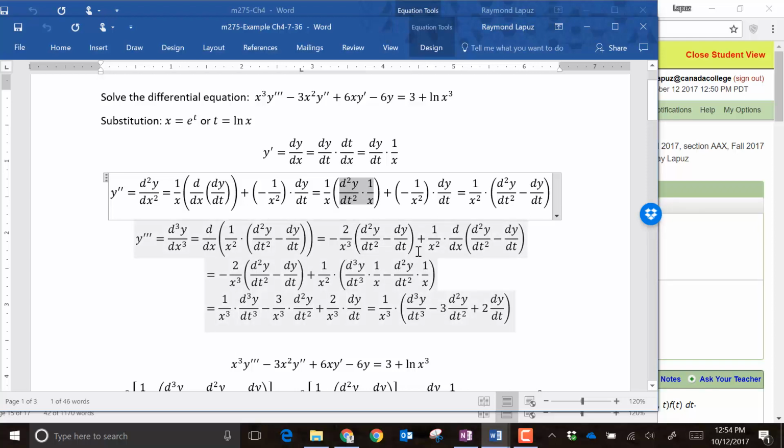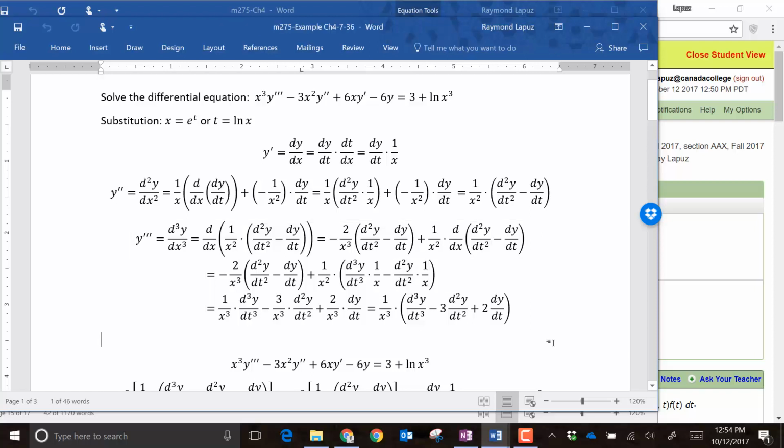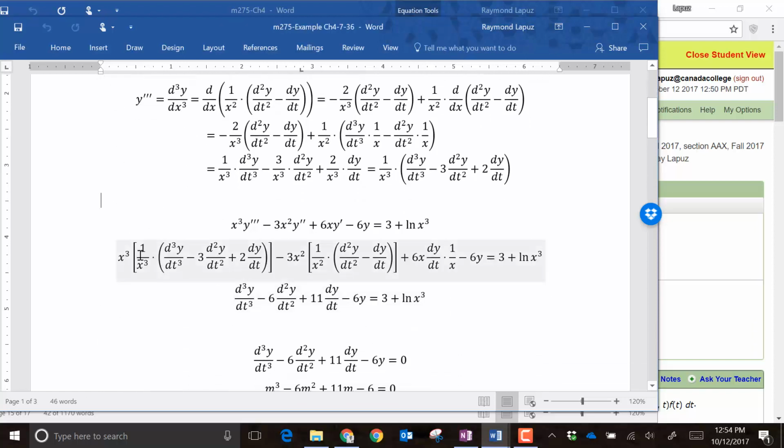So that derivative happens a couple more times when we're taking derivatives of derivatives. You can take a look at it; I'll make this document a PDF and upload it also. Anyways, once you got done with that, you'll see that when you replace the third derivative, the x to the third power will cancel because you have the 1 over x to the third.